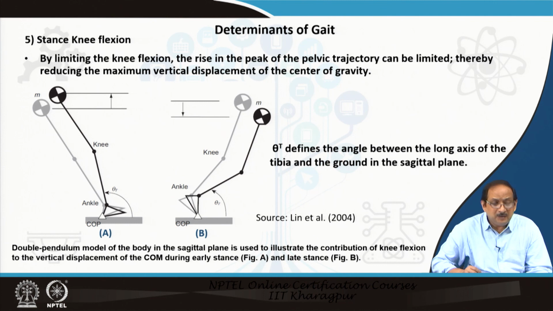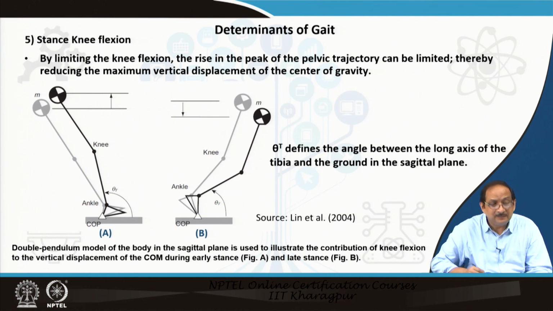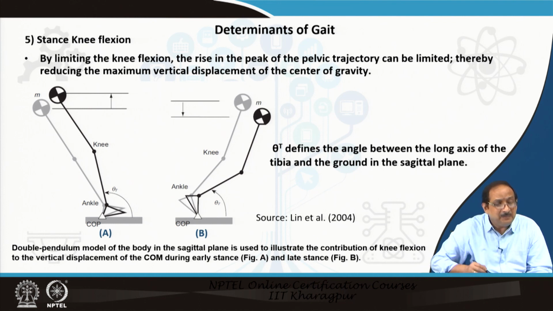The body moves from the initial position as indicated by the gray stick figure to the final position indicated by the black stick figure when the flexion angle of the knee is perturbed, keeping all the remaining joint angles as well as the location of the COP held fixed.